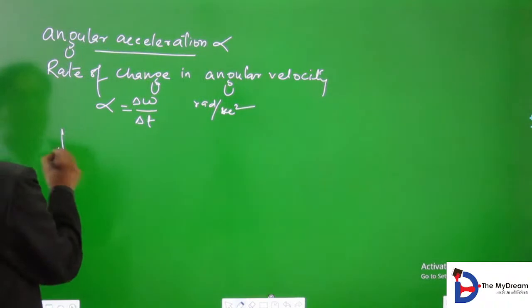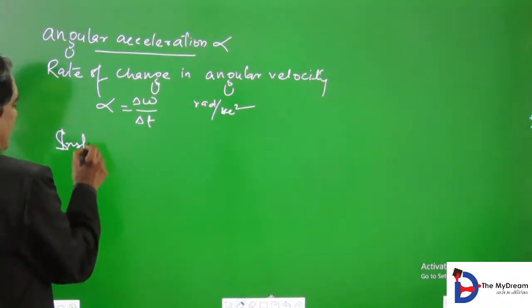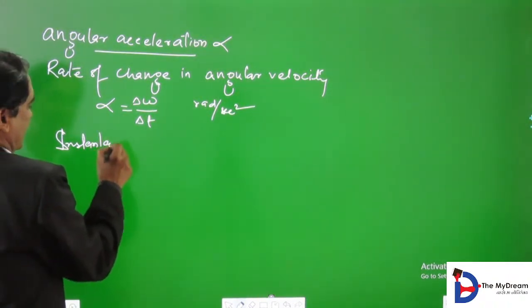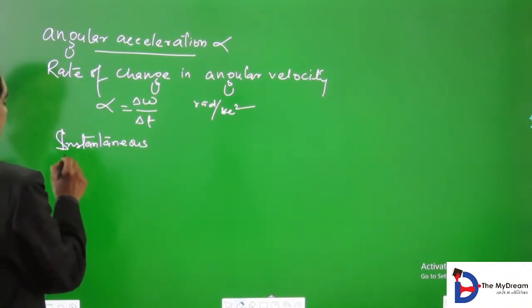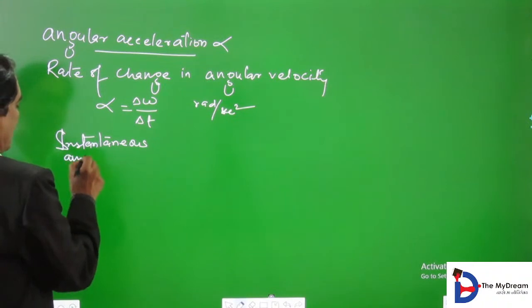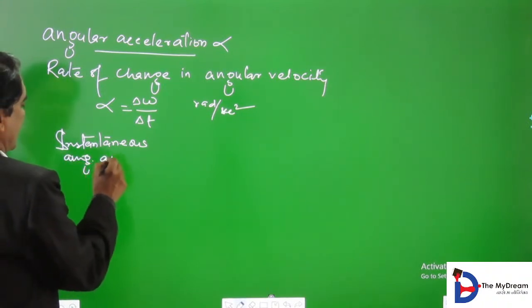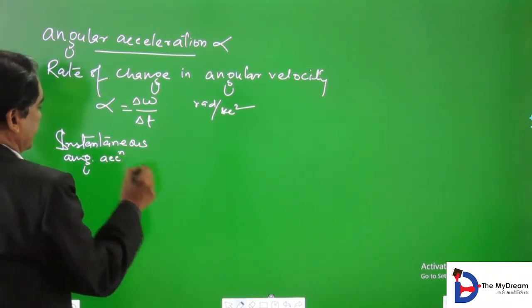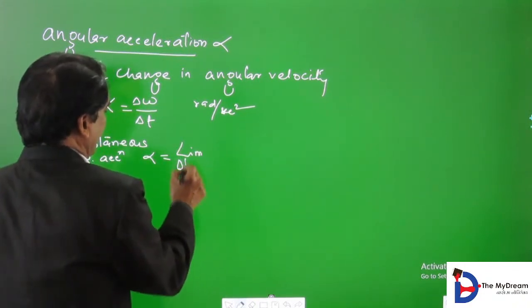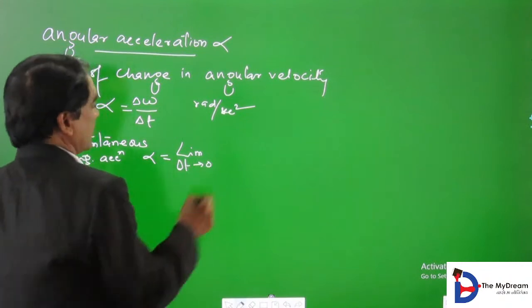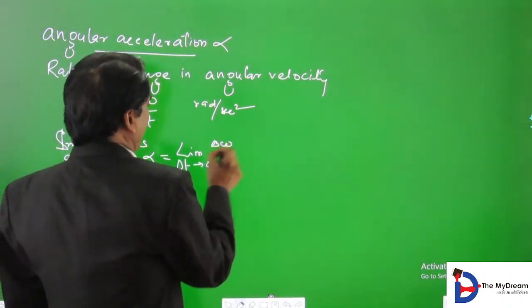If you want to know the instantaneous angular acceleration, that is the limit delta t tends to 0 of delta omega by delta t.